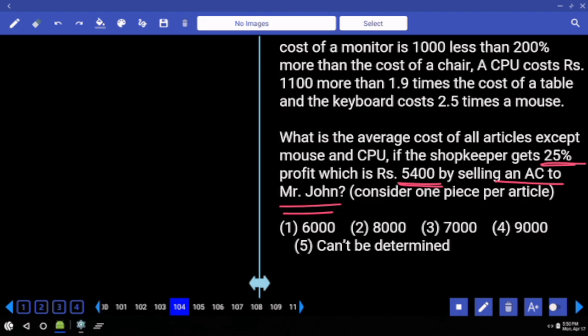So if I am selling it at 25% profit, at what price am I selling? 125%. The 25% value is already there. If you want to calculate the selling price for the shopkeeper, you need to calculate 125% only. If you calculate 100%, what do you get? Cost price for the shopkeeper, and we cannot equate that with our table.